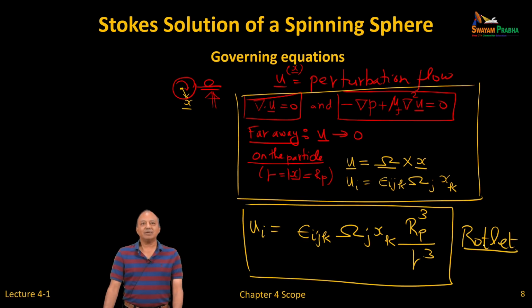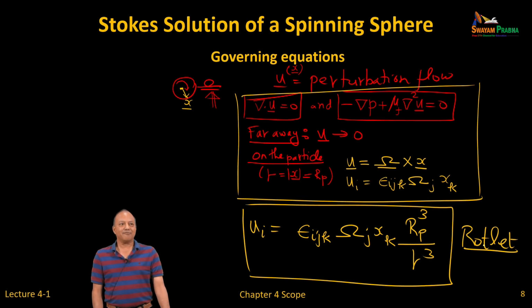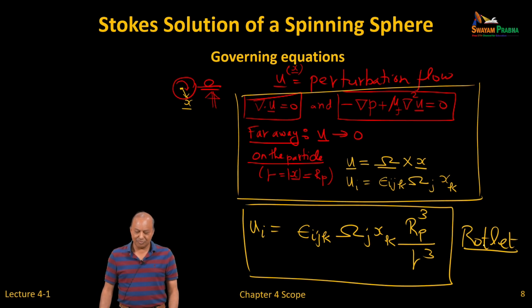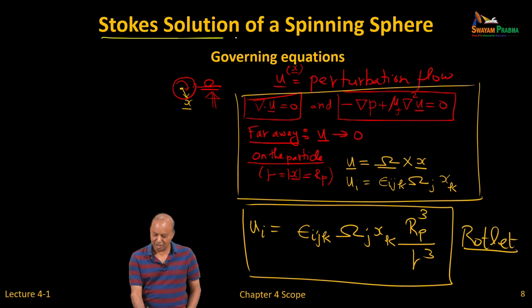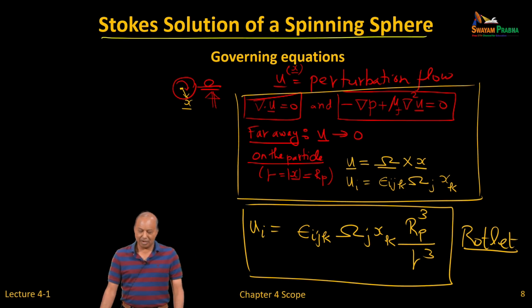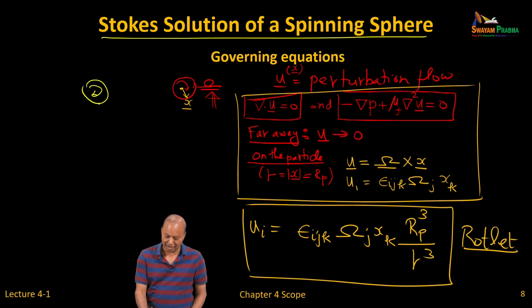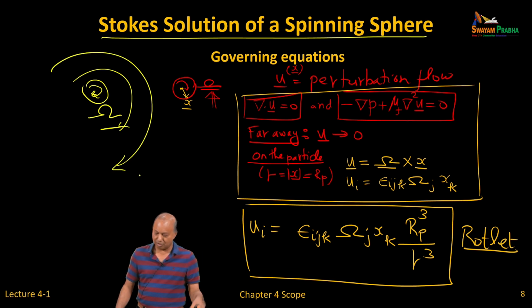Now I said that we are going to survey some of the results people know from low Reynolds number theory. This is another problem, which is a particle subject, in this case, to a quiescent fluid, the fluid is not moving. So you just have a particle, and the particle is spinning with angular velocity omega, and therefore the particle sets the fluid also spinning.